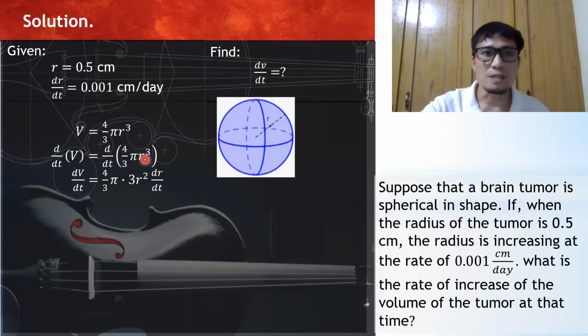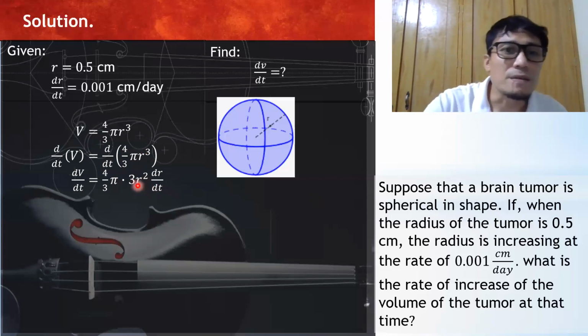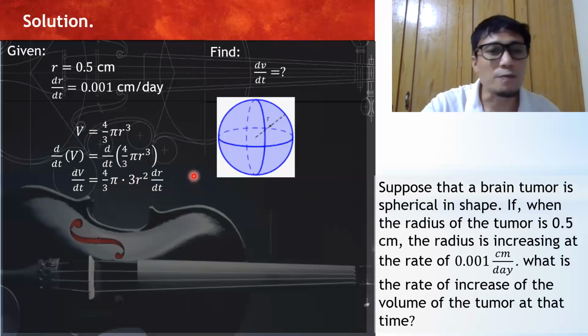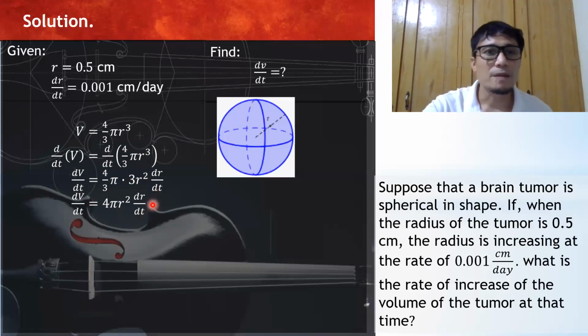Applying the chain rule, this is 3r squared times the derivative of r, which is dr/dt. Then you see here the 3s will cancel. So we're left with dV/dt equals 4 pi r squared dr/dt.